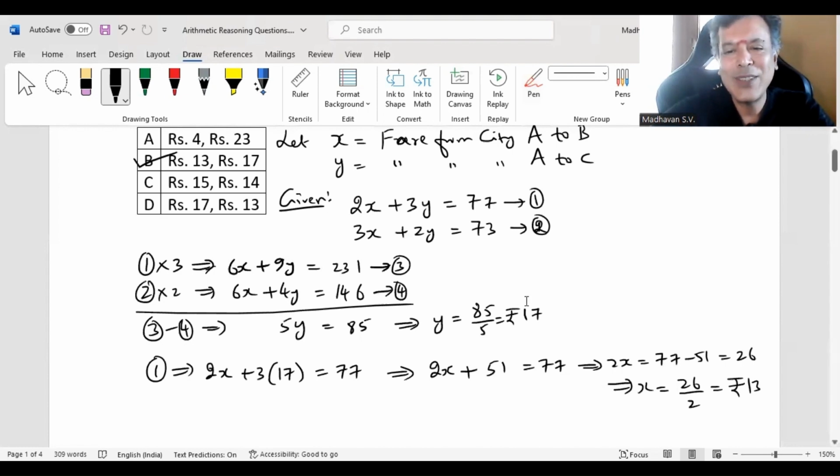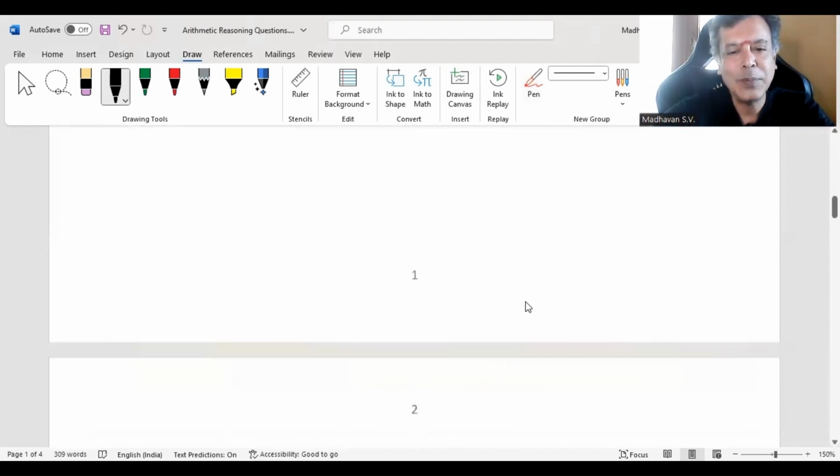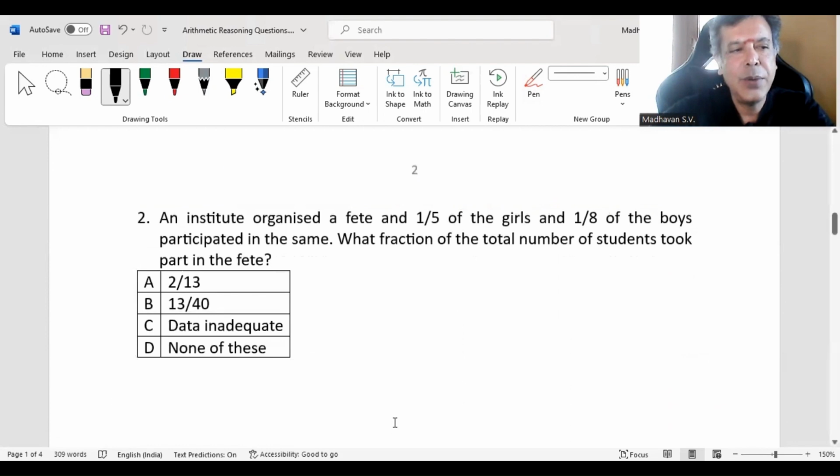Let us move on to the next question. An institute organized a fete and 1/5 of the girls and 1/8 of the boys participated in the same.